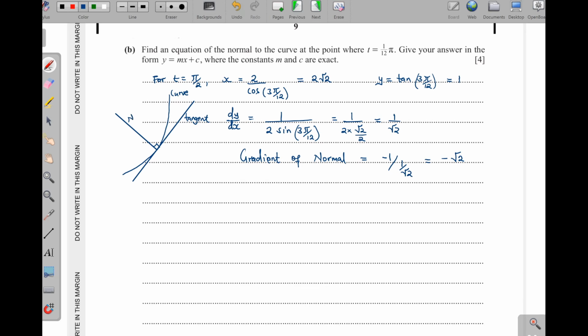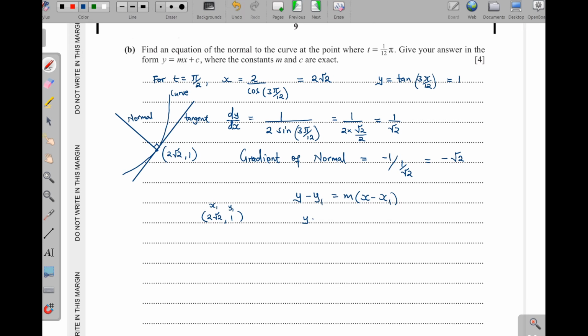It is what we call the normal. Now we have this point, which is 2 root 2, then 1. Now using y minus y1 is equal to m into x minus x1, our point is 2 root 2, then 1. This is the x1, this is the y1.